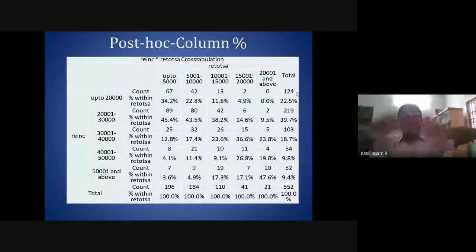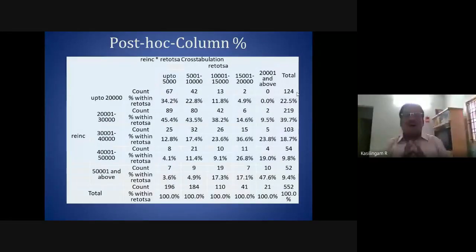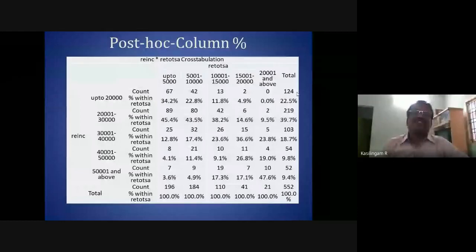But after having stated they are associated, we should not stop. We should go further deep to tell which income category is associated with which saving category. That is called the post hoc test in chi-square. In the post hoc, we have many options.